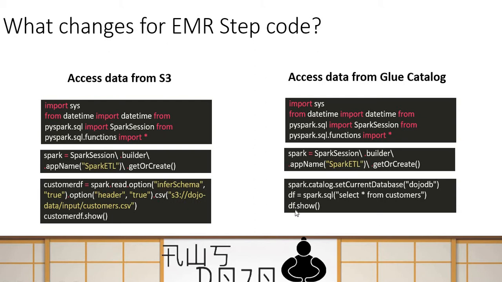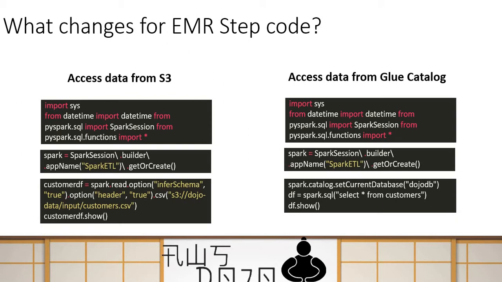And then you can again perform all kinds of possible transformations on this data frame and write to some target location. So as you can see, when you try to access data from the Glue catalog, your coding effort is almost the same as accessing it directly from S3. If it's not simple, it's not complex either. I feel like it's the same kind of effort, whether you are trying to access data from S3 or from the Glue catalog.